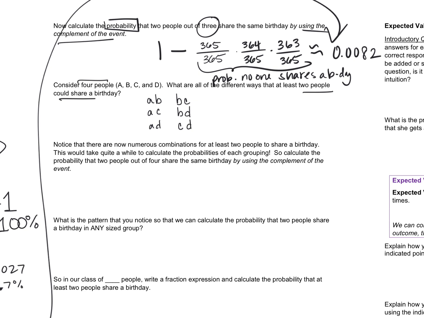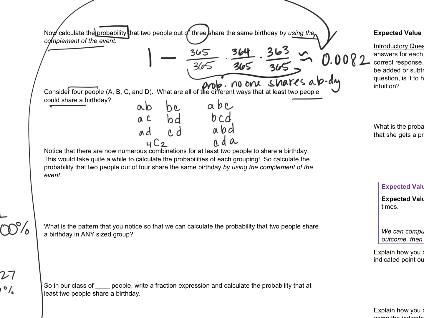But then it could be 3 sharing a birthday. So A, B, and C could share, or B, C, and D, or A, B, and D, or C, D, and A. I think that's 4 different options. And what these really are, if I want to make sure my counting's right, is choosing 2 from 4, where the order doesn't matter, because if A and B share a birthday, that's the same as B and A sharing a birthday.